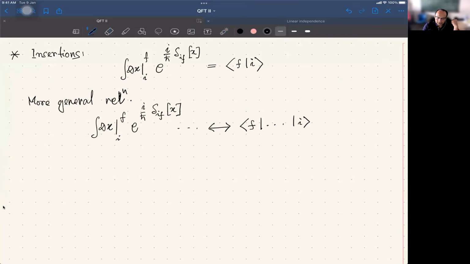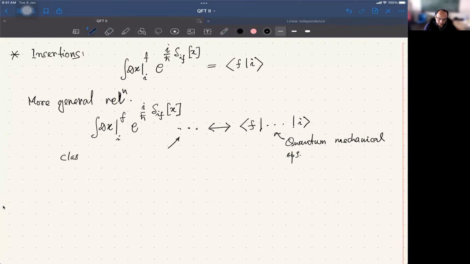That is a natural guess for the more general relation. Since it's in matrix mechanics, these must be quantum mechanical operators, and these here are classical dynamical variables constructed out of x and x dot.